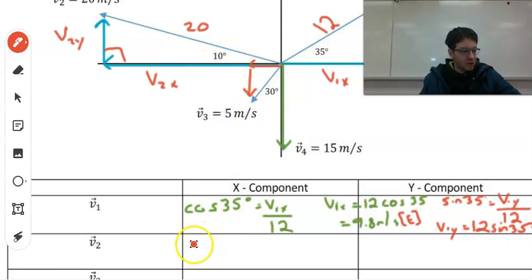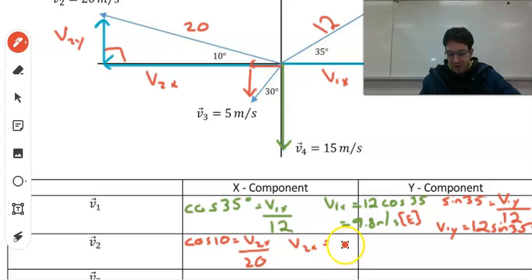So the cos of 10 equals V2x over hypotenuse, which is 20. So rearranging, V2x equals 20 times the cos of 10. I'm going to run out of room, so I'll just write it. 20 times the cos of 10 is 19.7 meters per second, and that is actually west, not east.